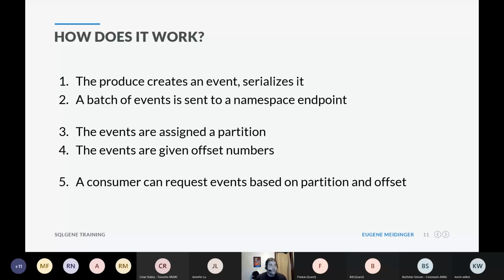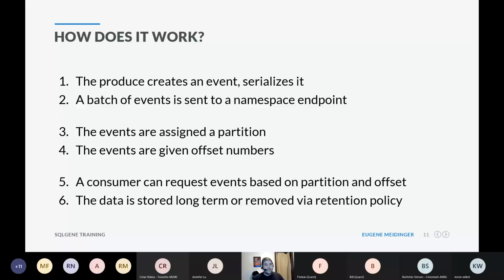It also means that you can scale out your consumption by having a different program process for each of the partitions. And then finally, the data is either stored long-term or it is removed via the retention policy. And again, that's usually 1 to 7 days, depending on your settings and your payment tier.